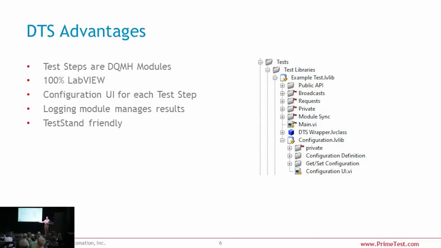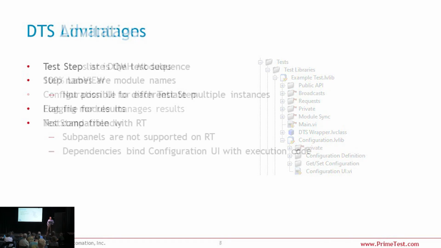There's no third-party stuff going on. Like I said, each test step has a configuration UI, which is really, really powerful. You've also got a logging module there that takes care of managing all your test results. And these things are actually TestStand friendly. It's designed so that you can call those test steps from TestStand if you so choose.